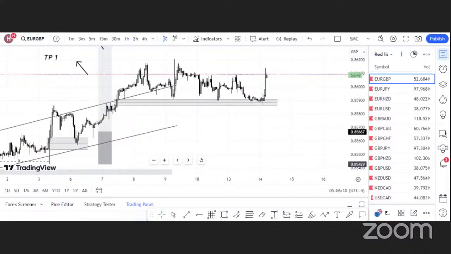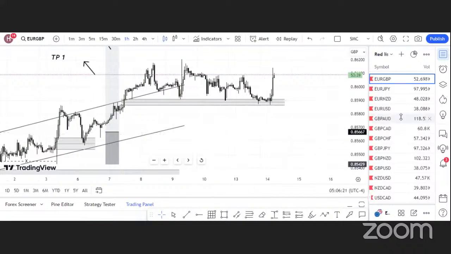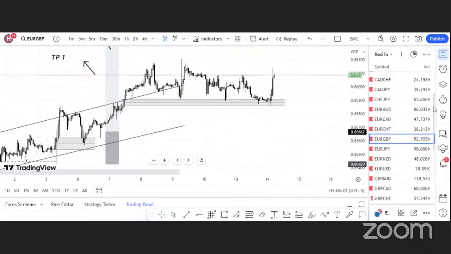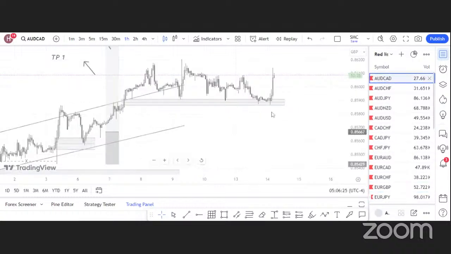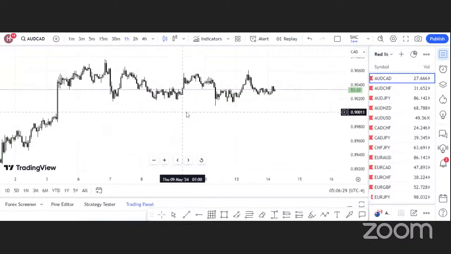Let me delete everything we have here so that we can have a clear chart, and then we can continue with our discussion.